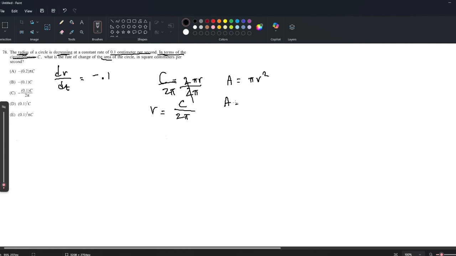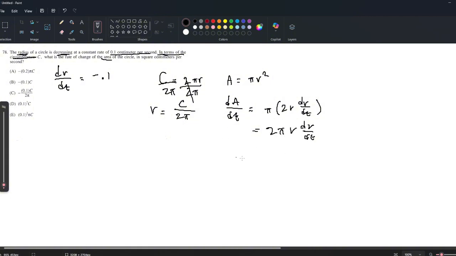But first, I'm going to find the derivative of area. dA over dt, the rate of change of the area, equals pi times 2r dr over dt. After simplifying, it's just 2 pi r dr over dt.